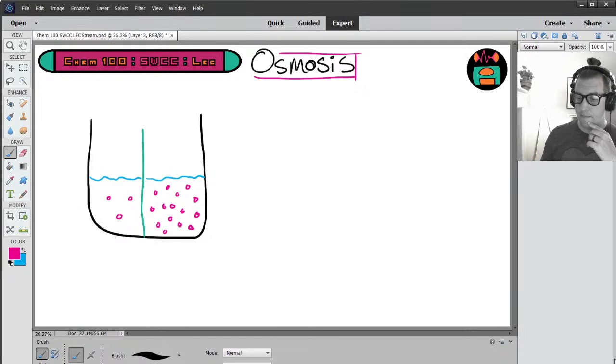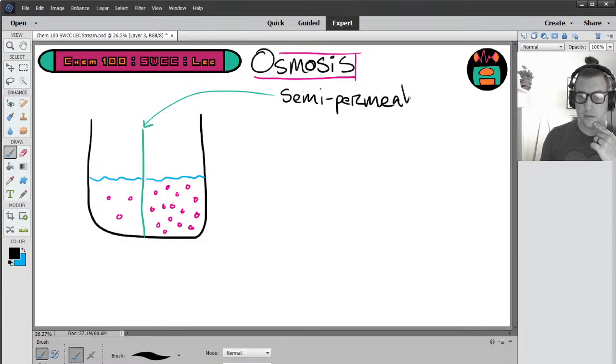Now, this barrier separating the two solutions is called a semi-permeable membrane.